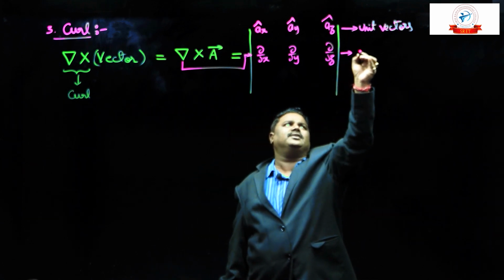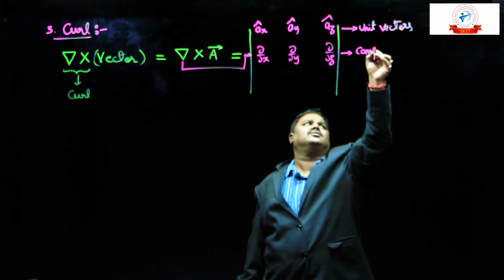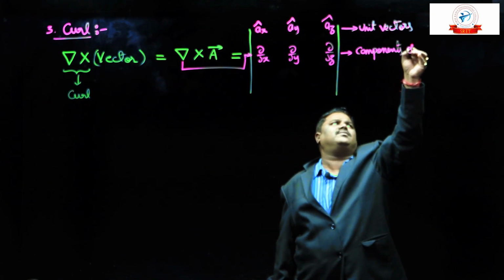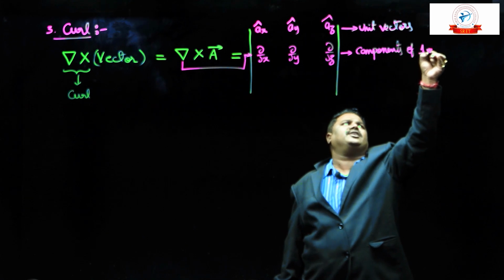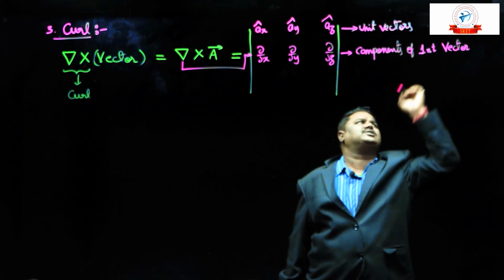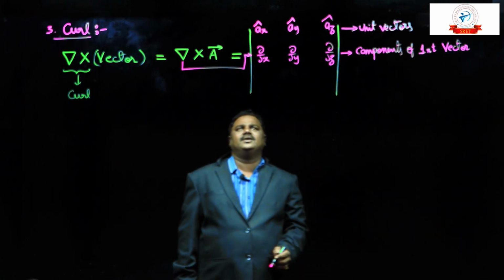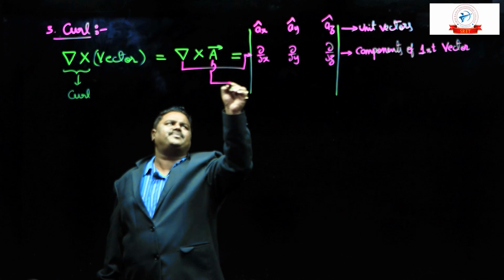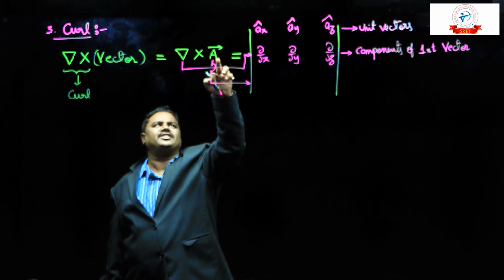These are nothing but the components of the first vector in the cross product. Next, the third row must be the components of the second vector in the cross product.